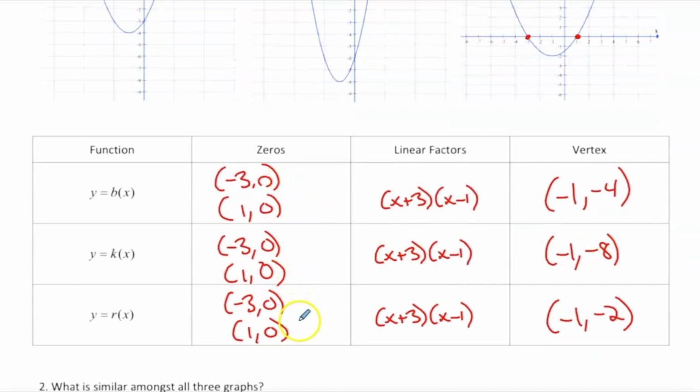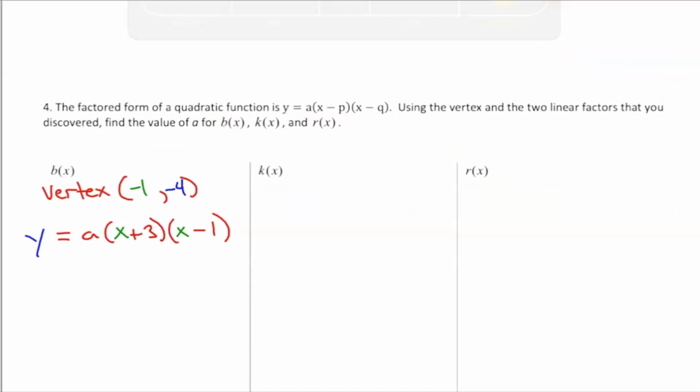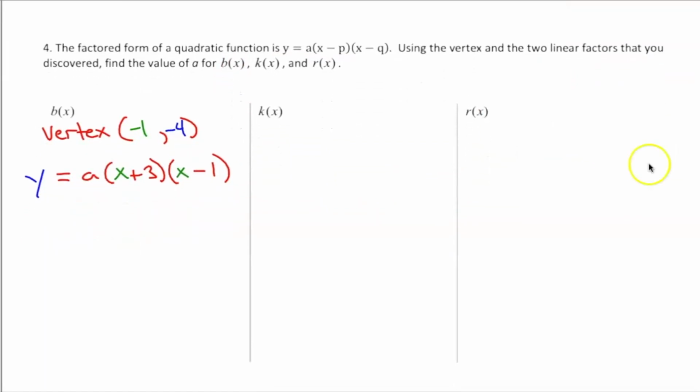So if they have the same zeros, they must have the same linear factors. Now what we notice is different is, clearly, these parabolas are a little different, but also the vertexes are different. So something must account for that in the equation, and that something is going to be that a value. So what we can do is write our expression without the a value in factored form.